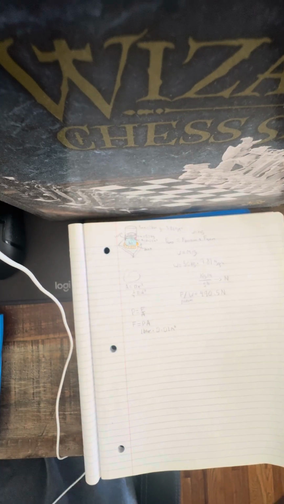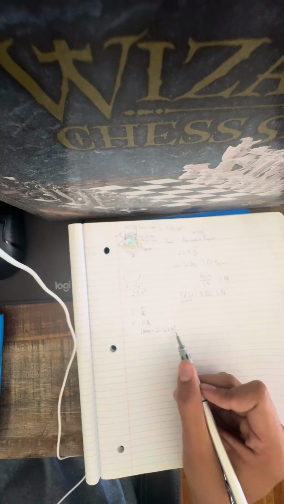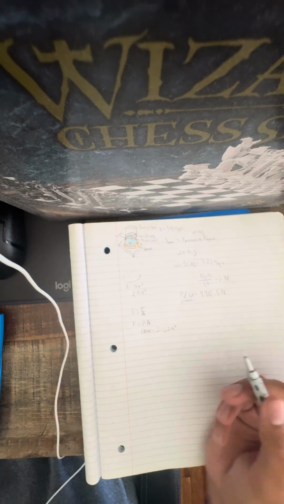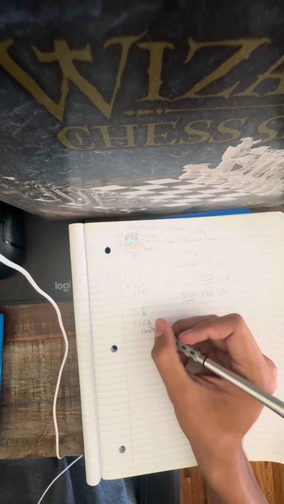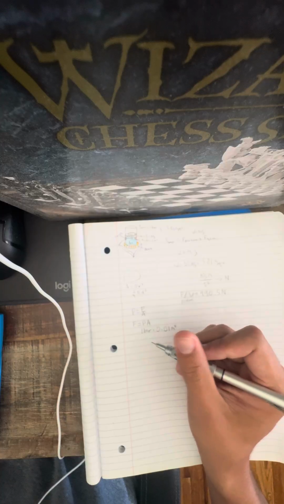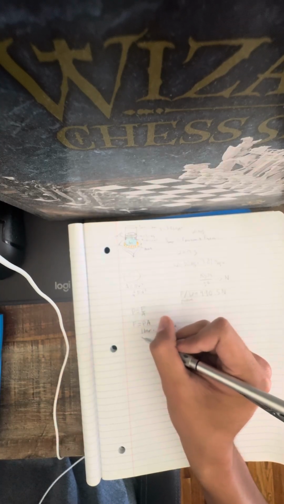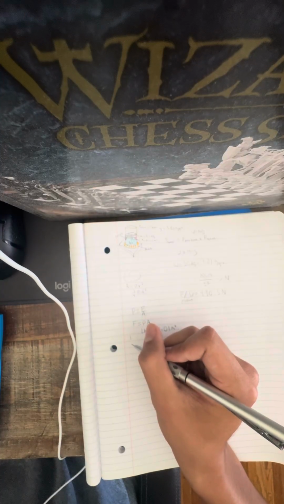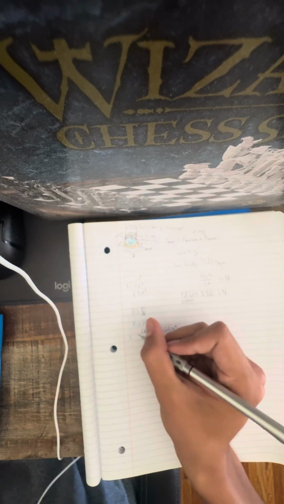Now, you can't just multiply your bar and your meters squared, because that's not a unit. So what we need to do is turn 1 bar into Pascal. The reason for that is because Pascal is actually Newton over meter squared.